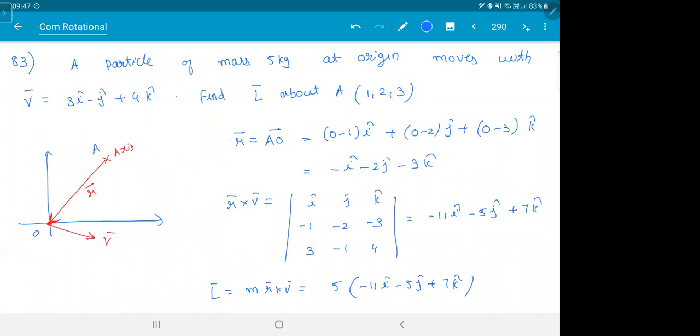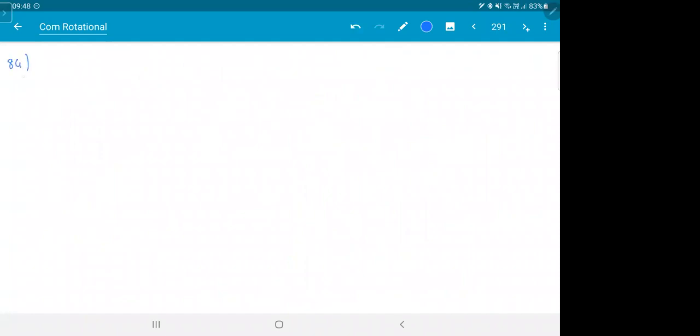Next one. All got this thing. So we have a particle here going with speed v, mass m.